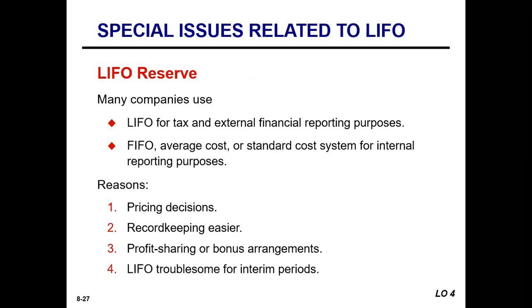So the difference between the inventory method used for internal reporting purposes and LIFO is the LIFO reserve, right? They call that account the allowance to reduce inventory to LIFO. And so it's an adjustment between the inventory account if necessary.